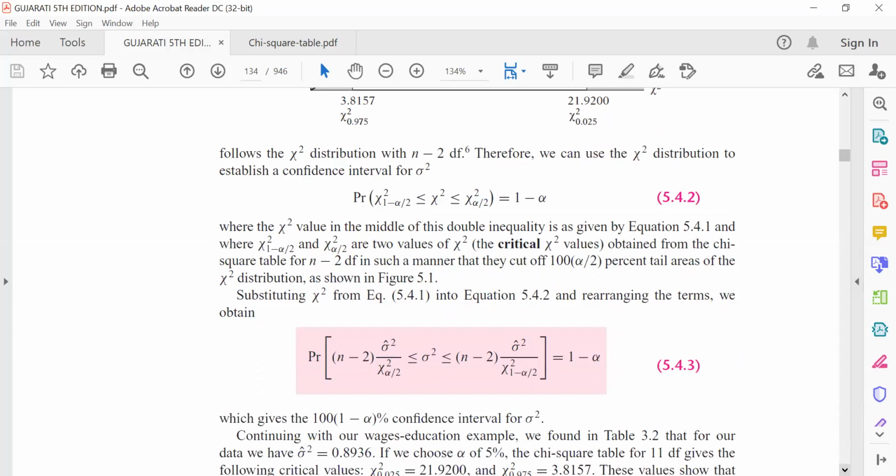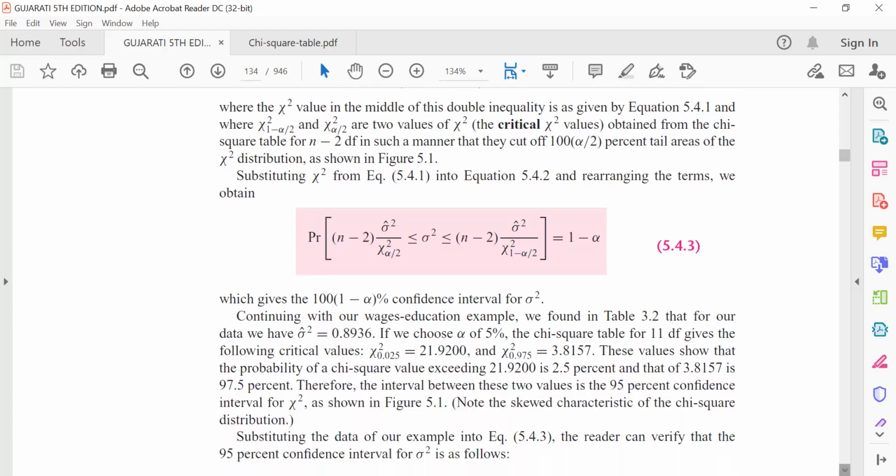Substituting chi-square from equation 5.41 into equation 5.42 and rearranging the terms, we obtain equation 5.43. Here we have n minus 2 times sigma square hat over chi-square alpha over 2, and here we have n minus 2 times sigma square hat over chi-square 1 minus alpha over 2.